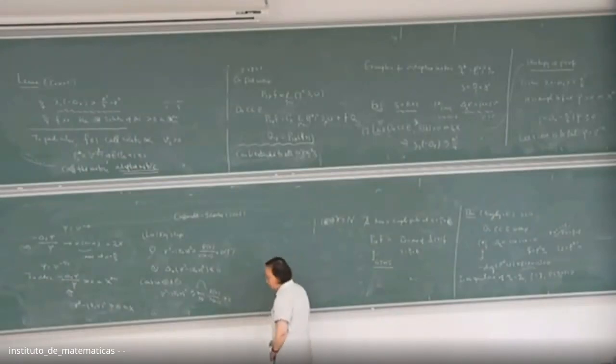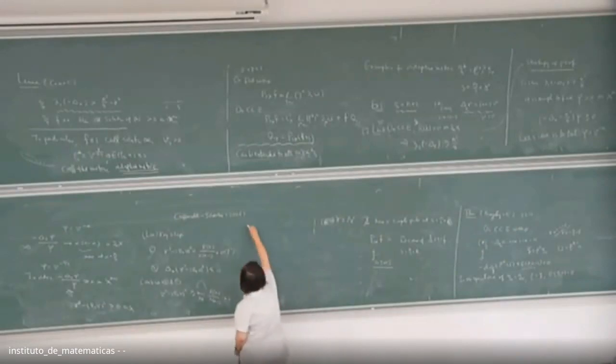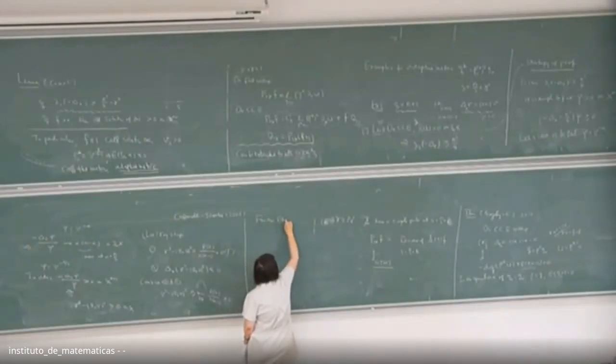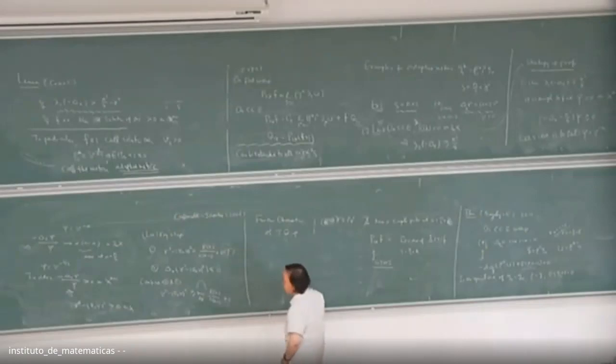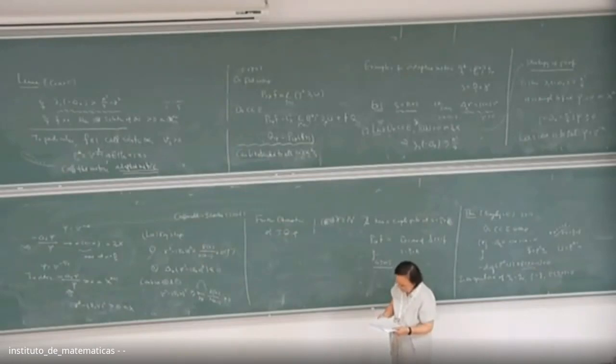But later on, Qing also made a further observation. What Qing observed is that this quantity computed by Lie is a geometric quantity.